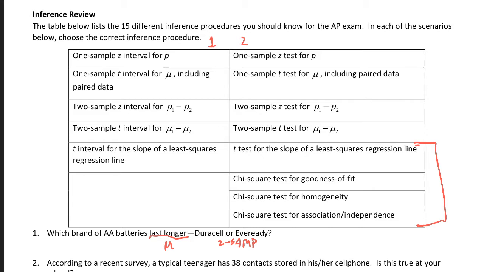Since it says which, I would have the null: they last the same. Alternative: one of them lasts longer. And so this would be a 2 samp T test for mu Duracell minus mu Everready, or something like that.